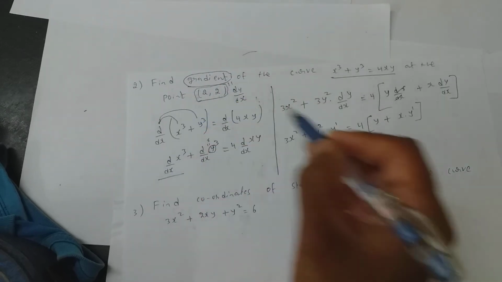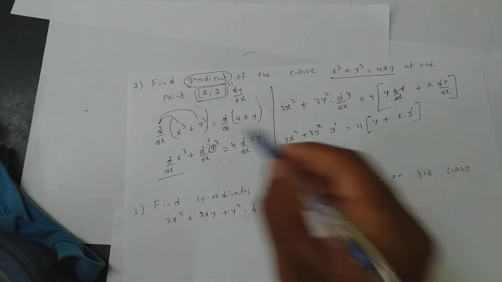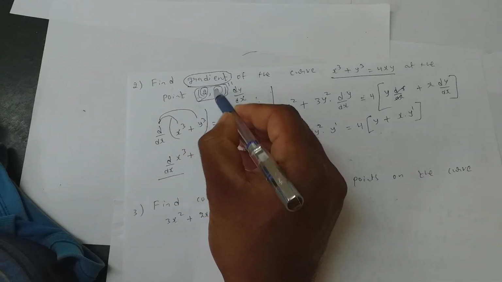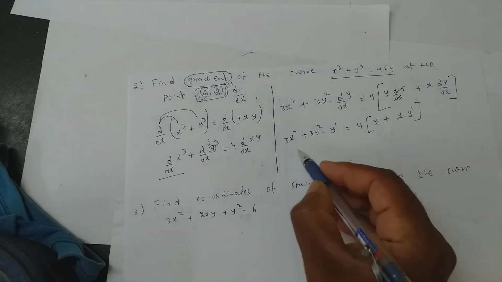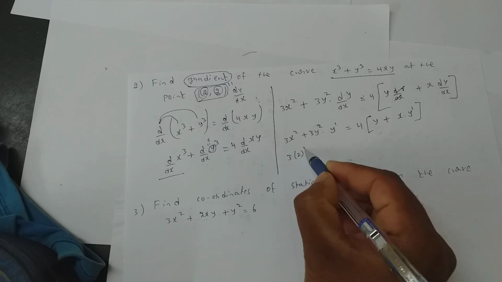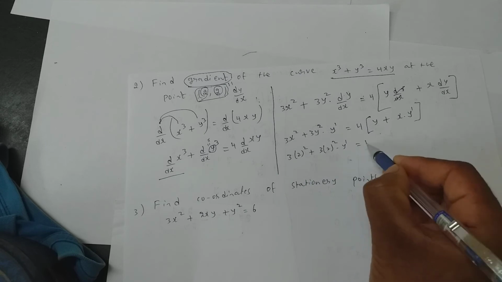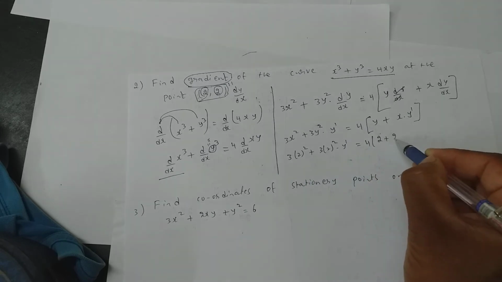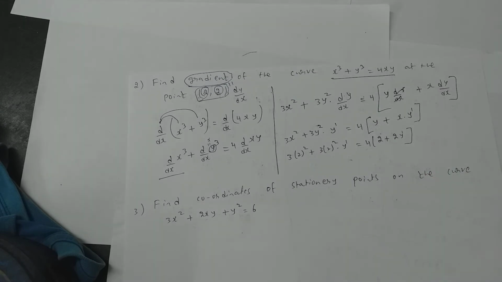So I need to make y dash the subject and then replace x by 2 and y also by 2. Instead of doing it at a later stage, I will do it now itself. I'll replace x by 2, so 3x square plus 3 all into 2 square into y dash equal to 4 into 2 plus 2y dash. This makes our work a lot easier.